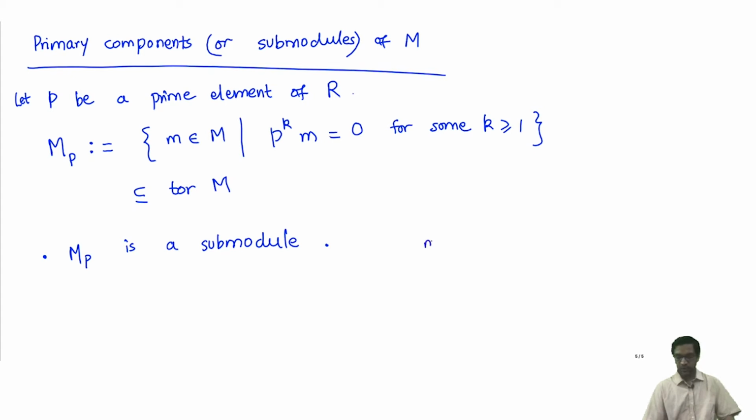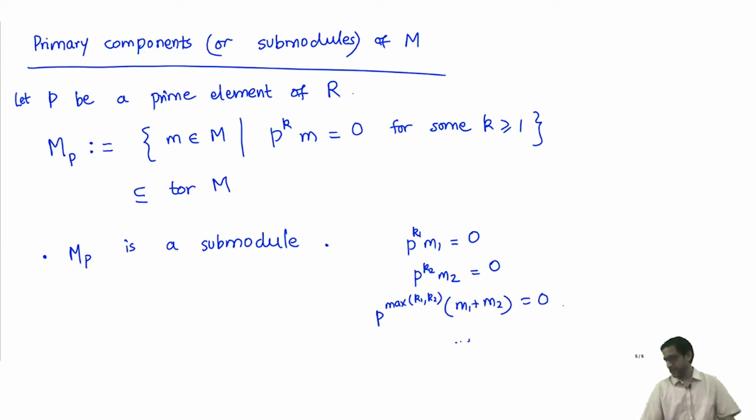Observe, if I have two elements m1 and m2, and if m1 is killed by some power of P, P to the k1, and m2 is killed by P to the k2, then in this case m1 plus m2 is certainly going to be killed by, well, the higher of the two is enough. So I just need to take P raised to the maximum of k1 and k2. I don't even need to take the product. And similarly the other axiom. So it's a very easy quick check that M_P is in fact a submodule.